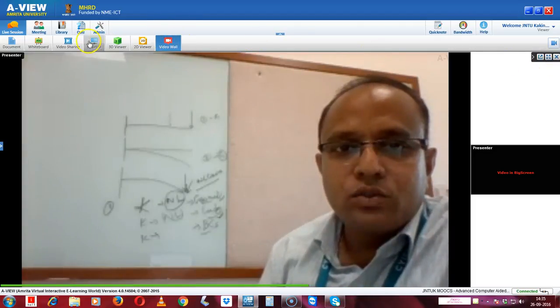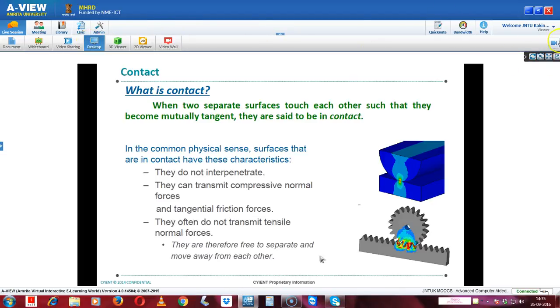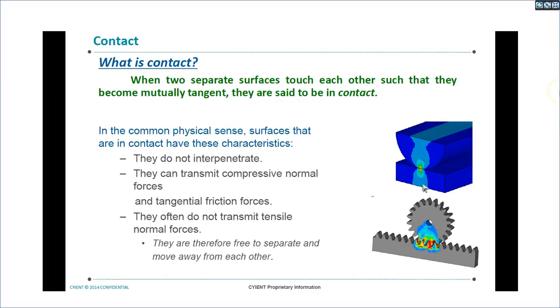Contact is when two separate surfaces touch each other, so that they become mutually tangent, and they are said to be in contact. So this is the contact definition. One of the important things in contact is that they do not interpenetrate.